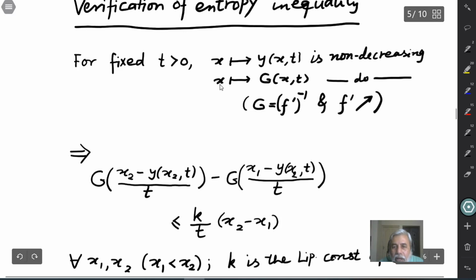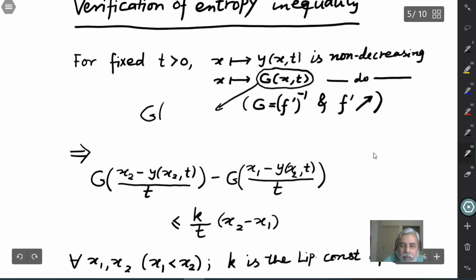So this is replaced by g of (x minus y(x,t)) by t.